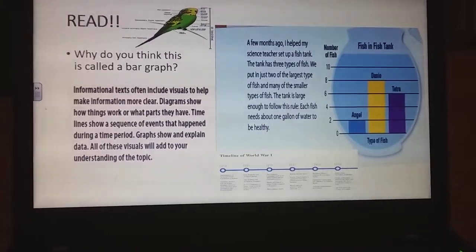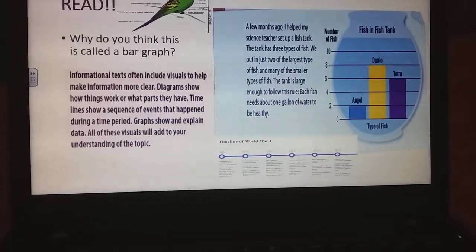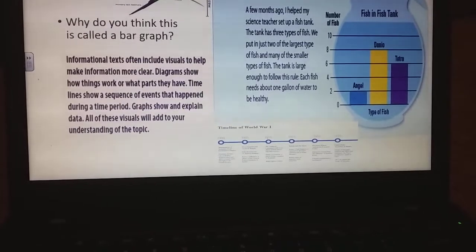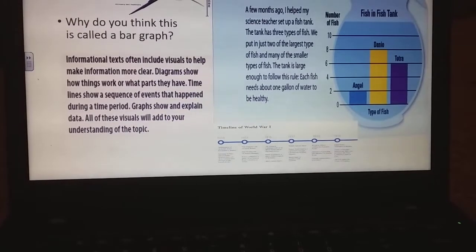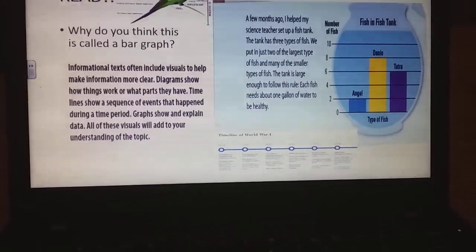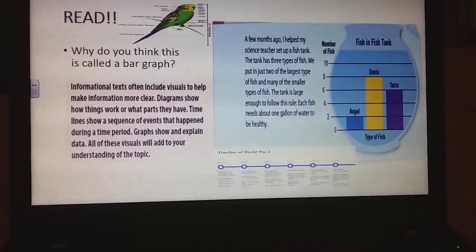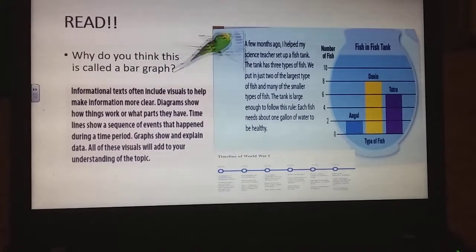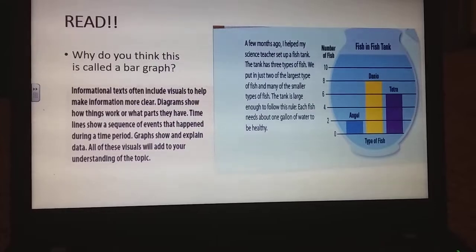When we're talking timelines, if you look at the bottom of the page in white, it says timeline of World War I. A timeline shows a sequence of events that happened during a time period. But what we're going to be focused on today is a bar graph. Graphs show and explain data. But all of these visuals actually add to your understanding of a topic in different ways.